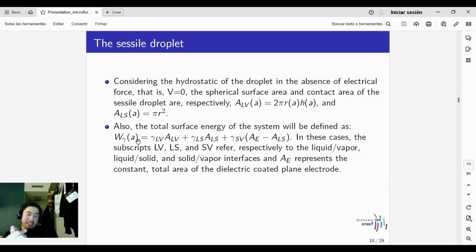It is a function of A, which is the horizontal distance between the center of the electrode and the last point of contact between the droplet, the electrode surface and the vapor, in this case the gas.